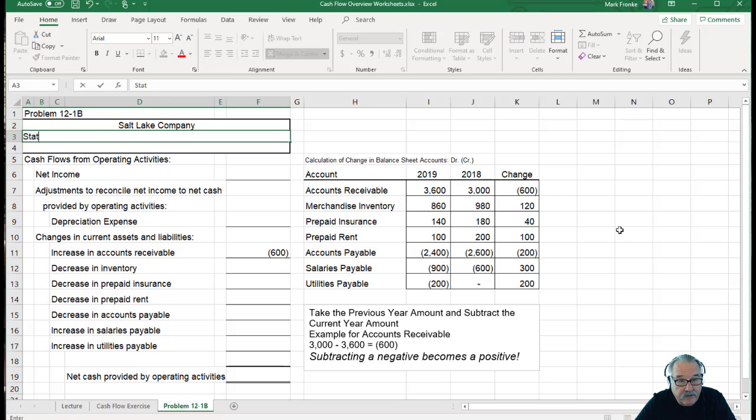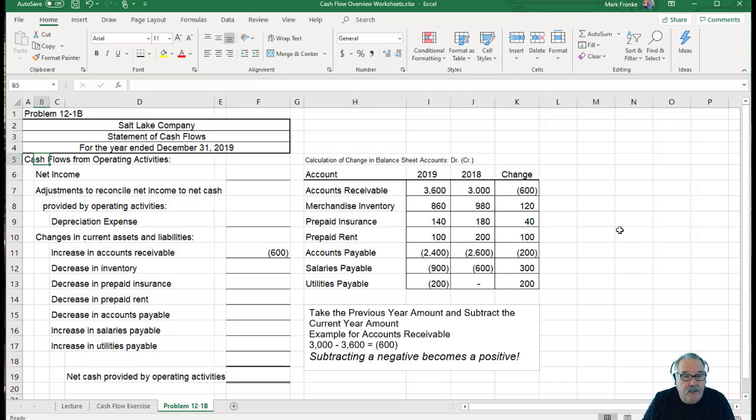This is a statement of cash flows, and this is for the year ended December 31, 2019. The cash flow statement, like the income statement and like the statement of retained earnings, covers a period of time. The balance sheet is a picture at a moment in time.